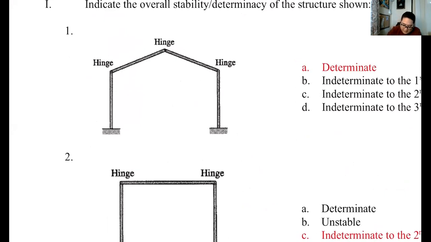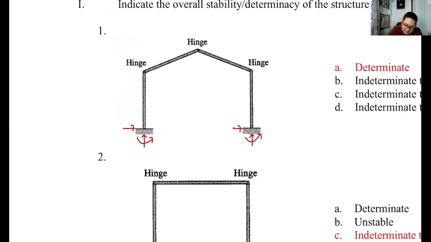So, we have 3 reactions agad, no? Each support. So yung external reaction natin sa kanya will be, your external stability niya will be 6 minus 3 equals to 3. So statically indeterminate siya third degree. Okay? Para dun sa may question na external stability.